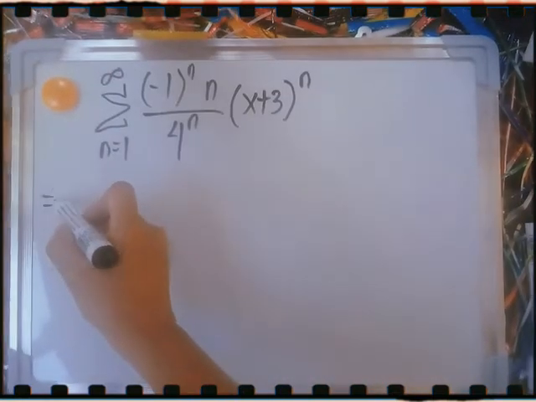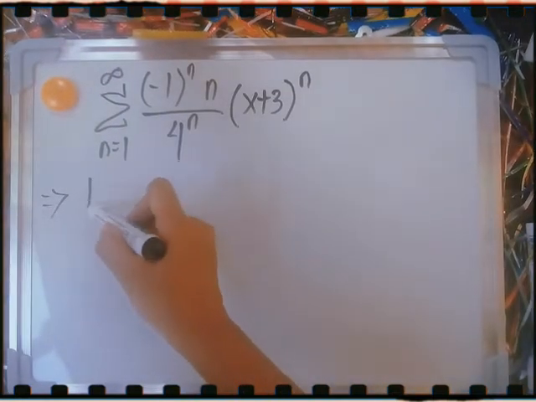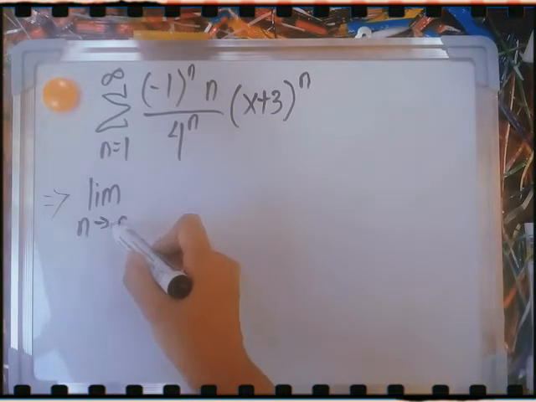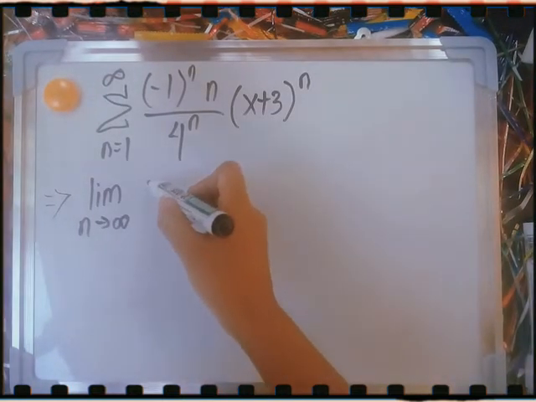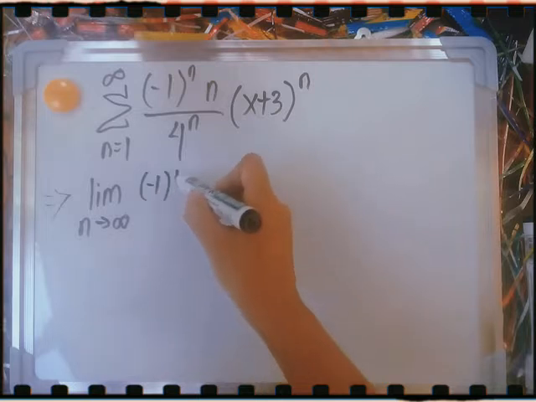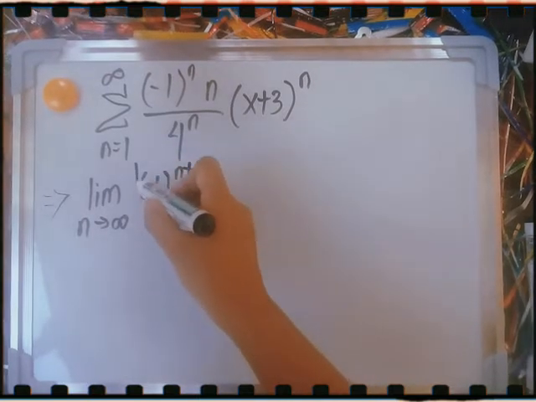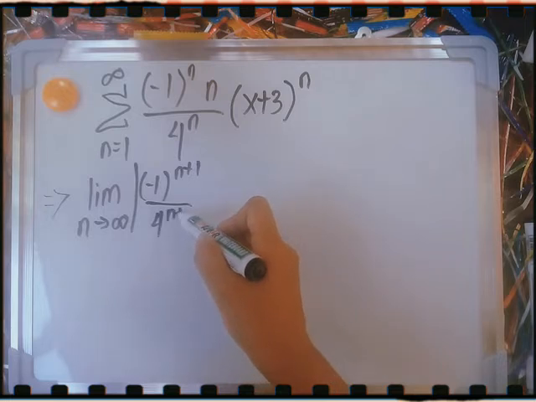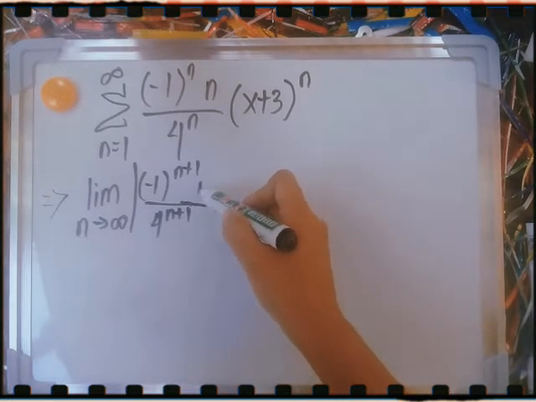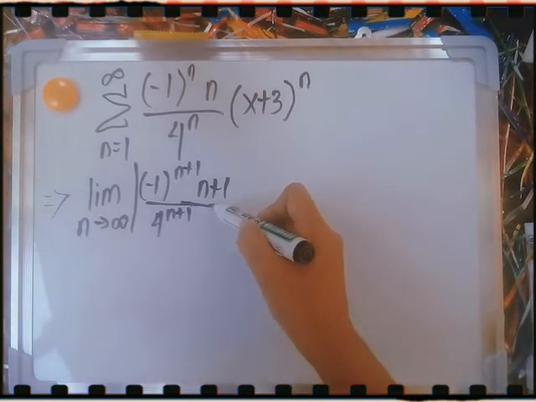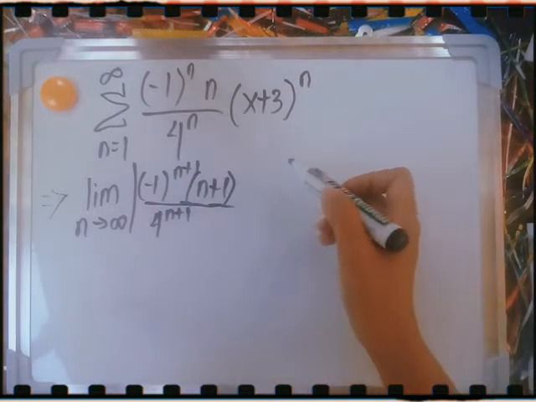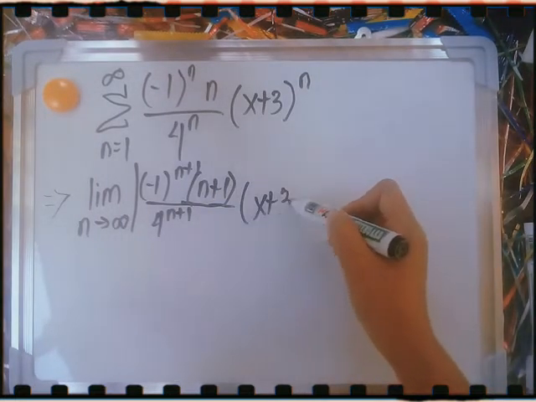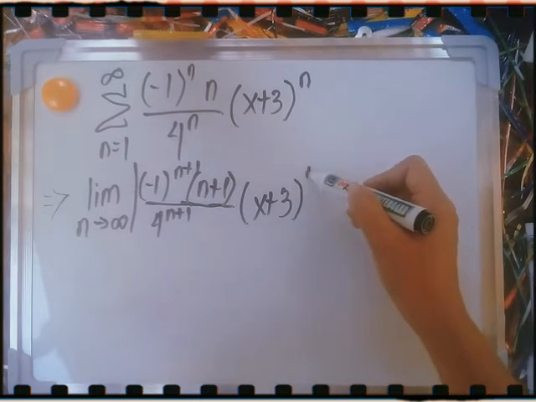So, let's do it. The limit as n approaches infinity of negative 1 raised to n plus 1, the absolute value, over 4 raised to n plus 1, oh, I forgot the n plus 1, times x plus 3 raised to n plus 1.